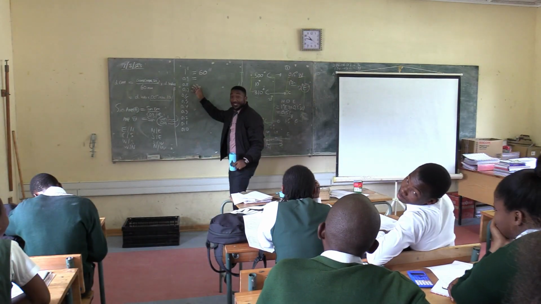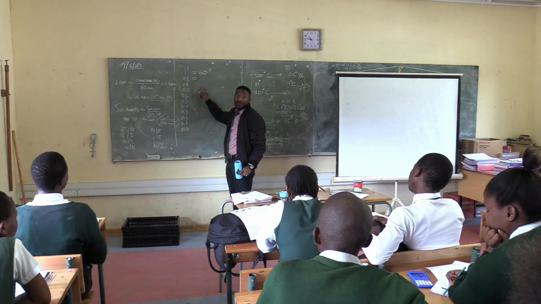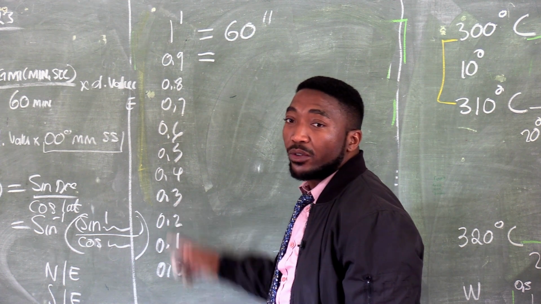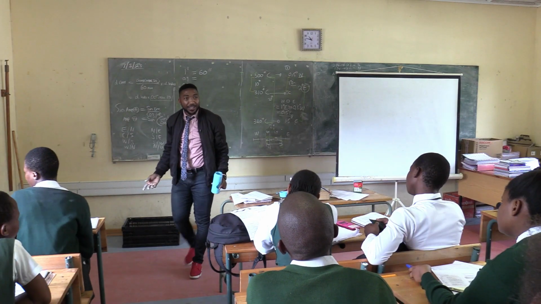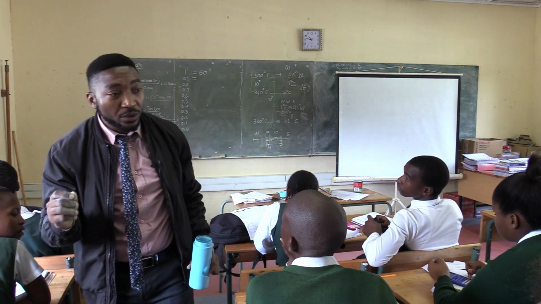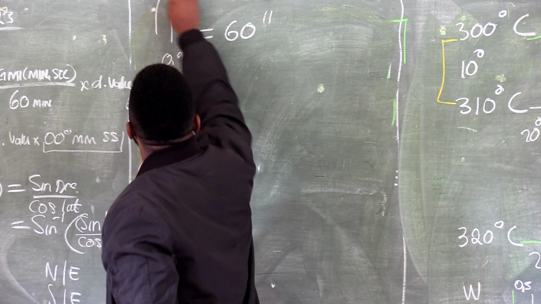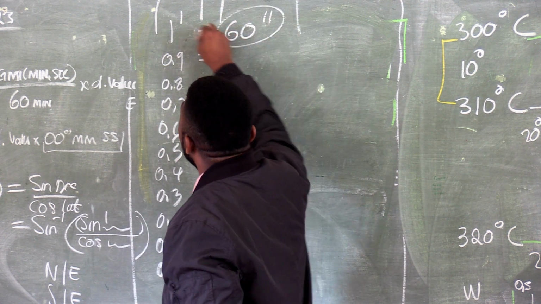You see, I'm saying, have these things in your heart. When I ask 0.8, you tell me the value. When I ask 0.7, you tell me the value. The value of 0.3 is equal to 18 seconds. When I give you 42 seconds, you say what it corresponds to in decimals. You must know it from this side and again from this side. If you have the whole number of seconds, tell me it's 1 minute.